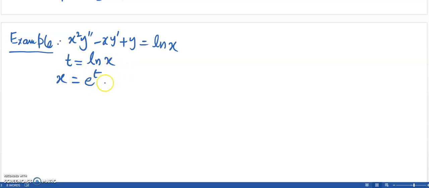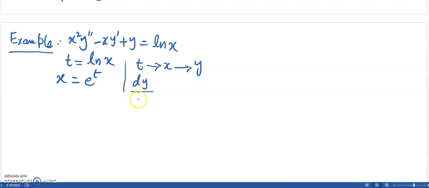So in this case, we can see that t is a function of x, or we can say that x is a function of t, and y is a function of x. So we can apply a chain rule.